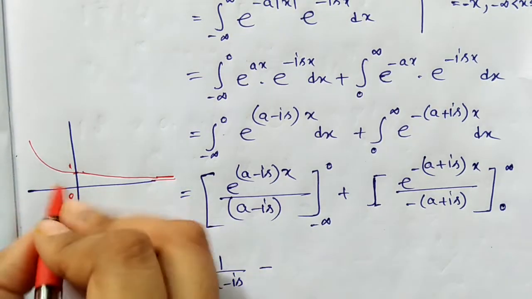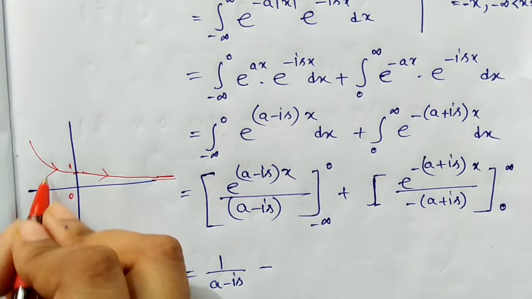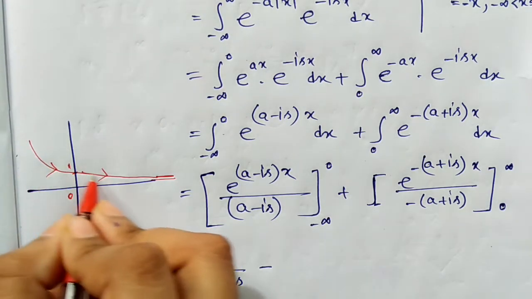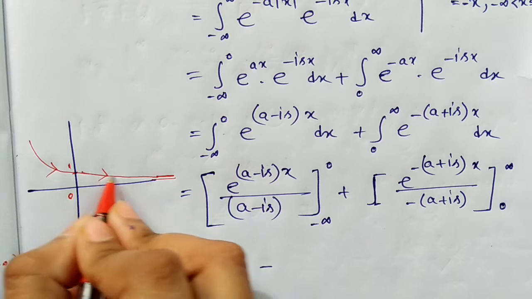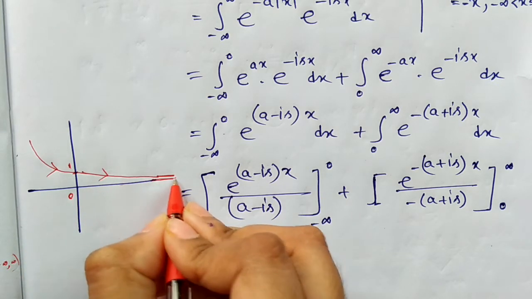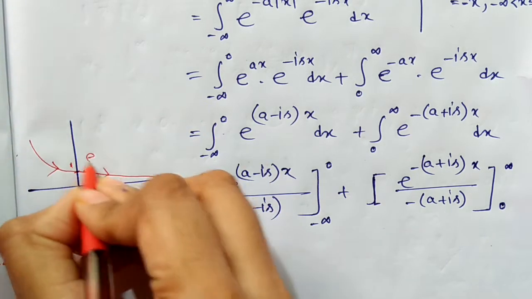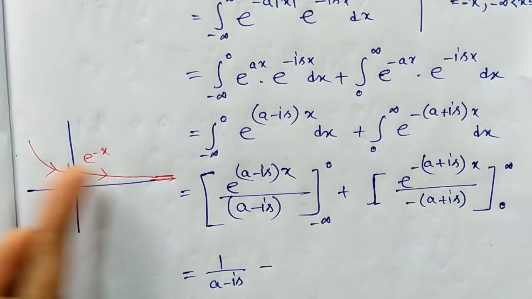That is e to the power x; it asymptotically goes along the positive x axis.